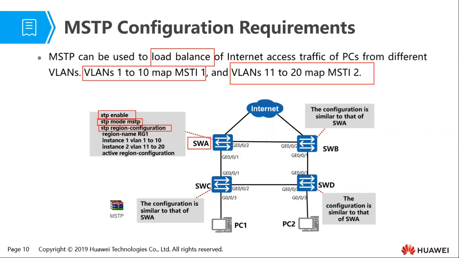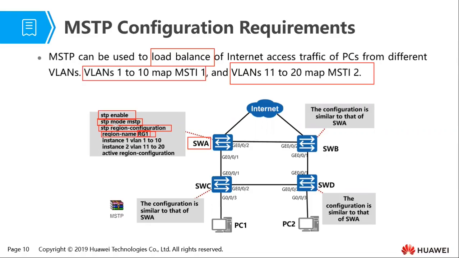Now, you have to give a region name. As I've said, if you want switch A, C, B, and D to operate the same STP, you have to give them all the same region name. They have to have the same region name.